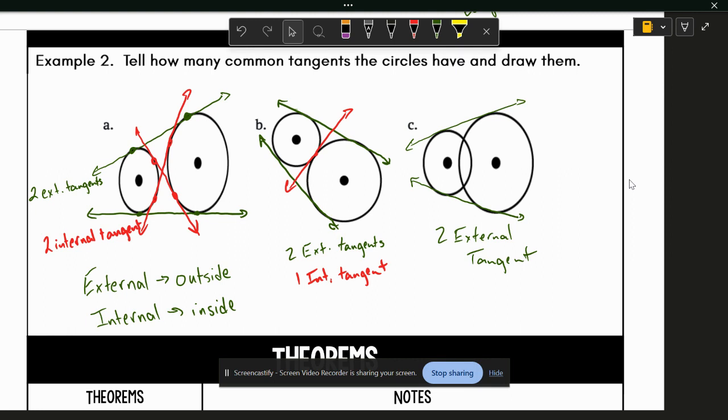And then you have internal tangents, which go in between the two circles. If you look at example C, there's nothing internal because the circles actually overlap. But internal go in between, external go on the outside.